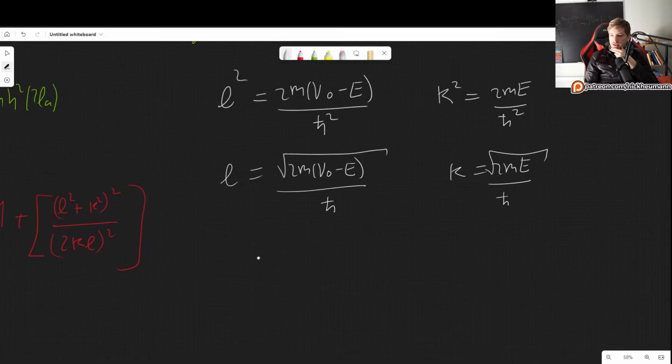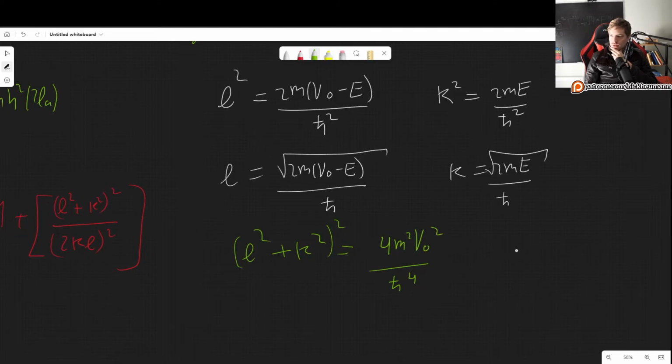So if we take L squared plus K squared and we square it, what do we get? Well, the E's will cancel out because we have 2mE negative, 2mE positive. So we end up with (2mV0) squared divided by h bar to the 4th power. And this thing is simply 4m squared V0 squared.